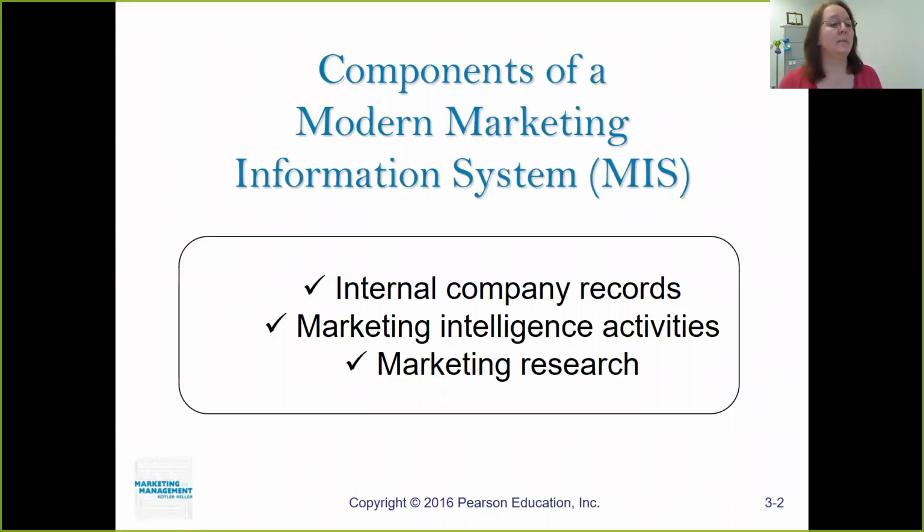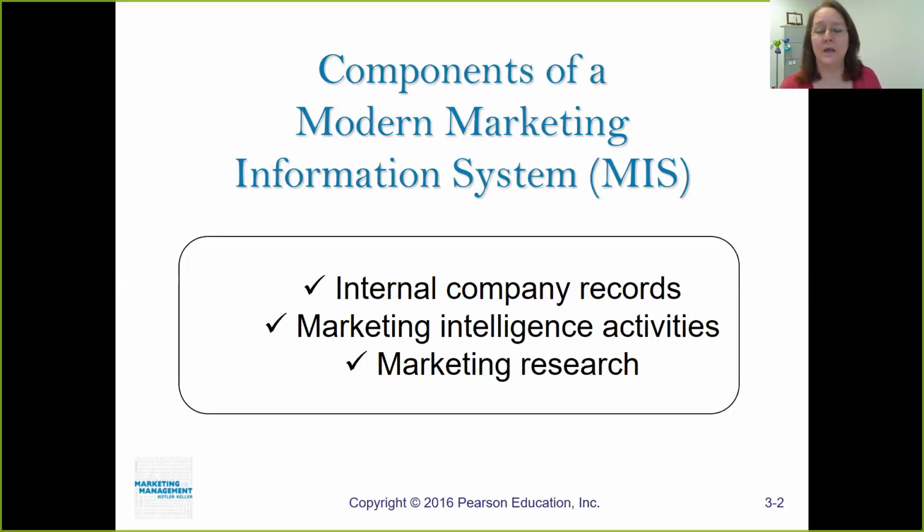We're going to talk about the modern marketing information systems, MIS, and there's three basic components to it. Number one, we have internal company records that we maintain and can be analyzed for trends and for preferences, etc. Then we have marketing intelligence activities where we're gathering information from outside.